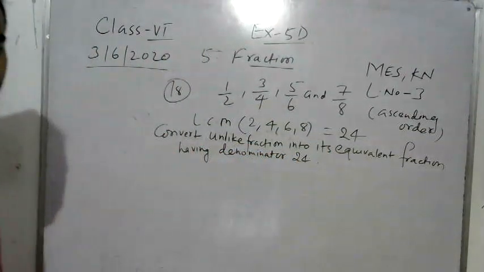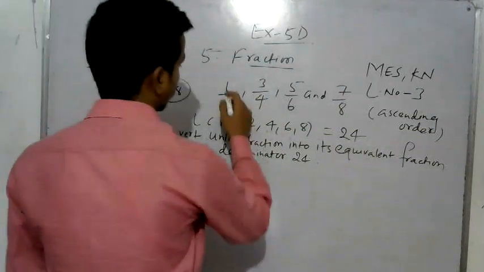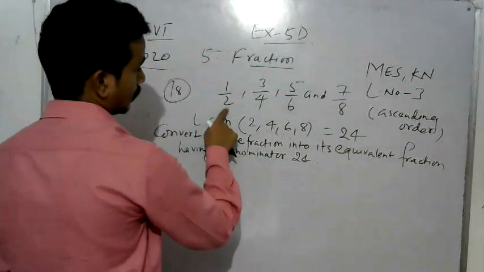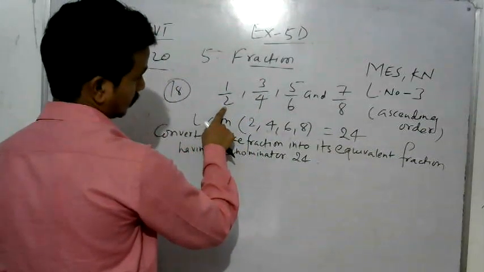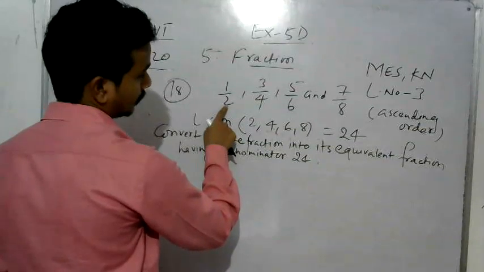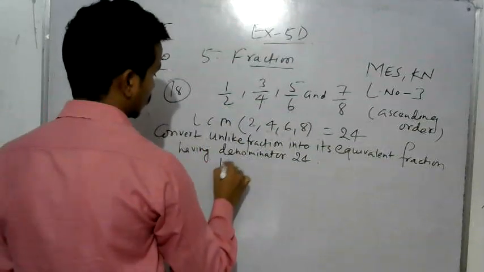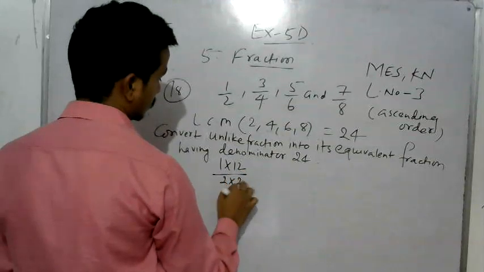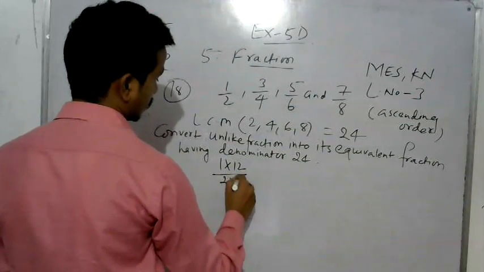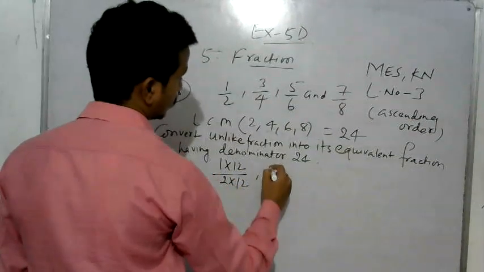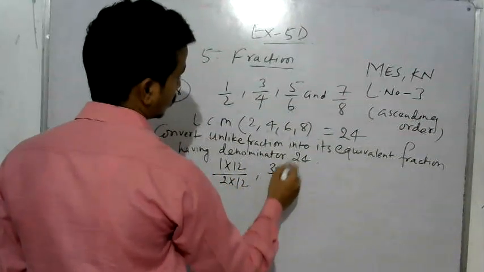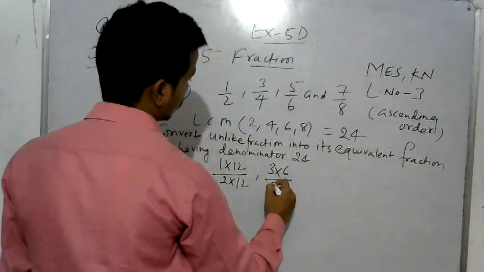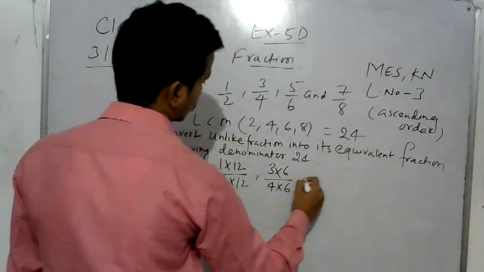Okay, having denominator 24. So to make the denominator 24, we have to multiply 2 by 12. So 1 into 12 divided by 2 into 12. Again here we have to multiply 4 by 6 to get 24. 3 into 6 divided by 4 into 6.